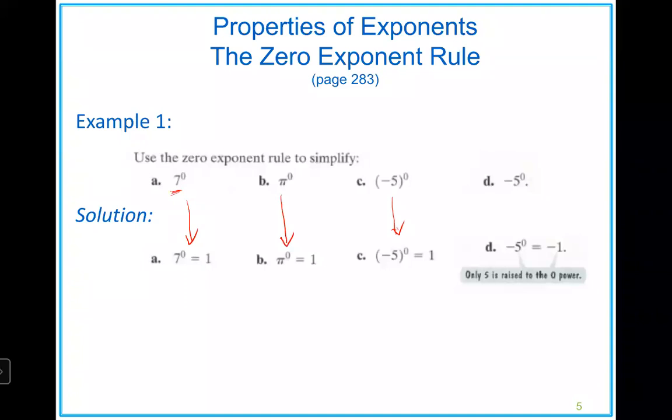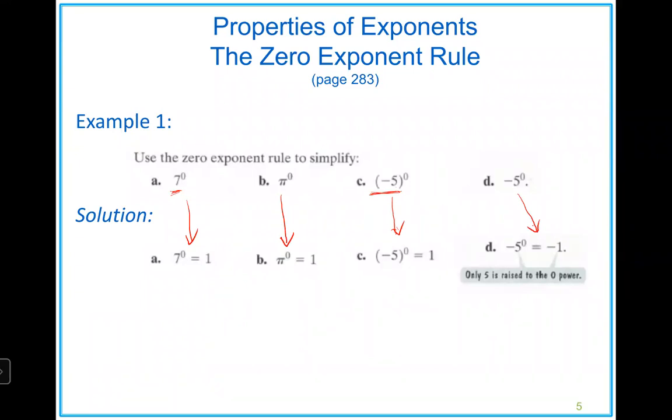And then in this last one, negative of 5 to the power of 0. You notice in this case, the answer is negative 1. The reason for that is that the 5 is what we are raising to the power of 0, not negative 5. When we want to raise negative 5 to the power of 0, we put the negative 5 in brackets. But without the brackets, the power only applies to the 5.